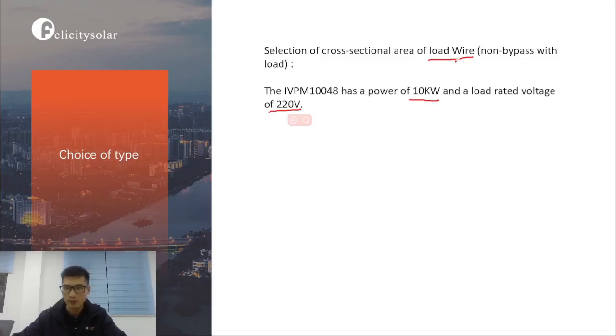Okay, it's about the time. Do you finish? Okay, here we can see the power is 10,000 watts and the voltage is 220. As we know, power is the voltage times the current.